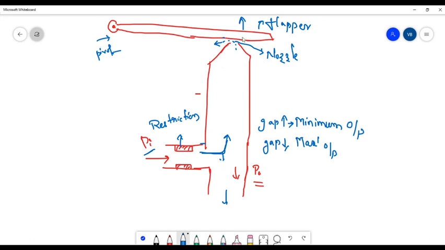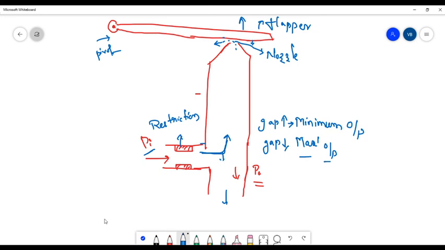Whenever the flapper totally closes the nozzle, the input has no way to escape, so the total input comes out at the output terminal. There we get the maximum output.